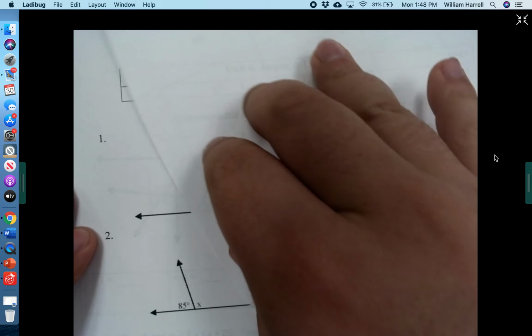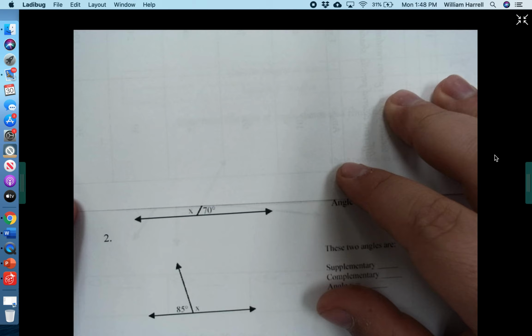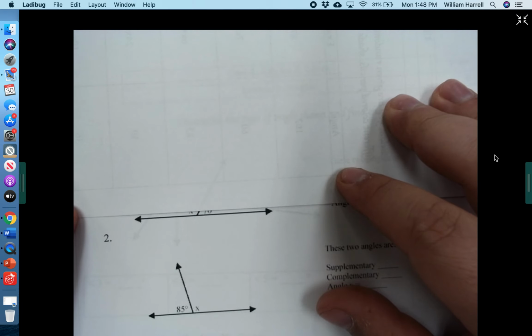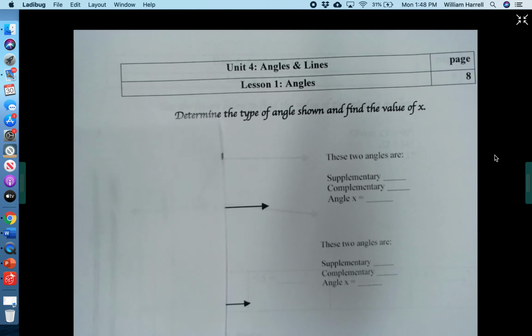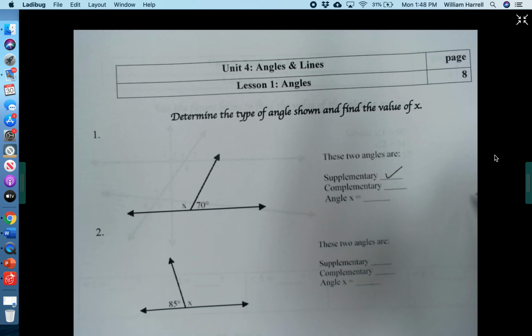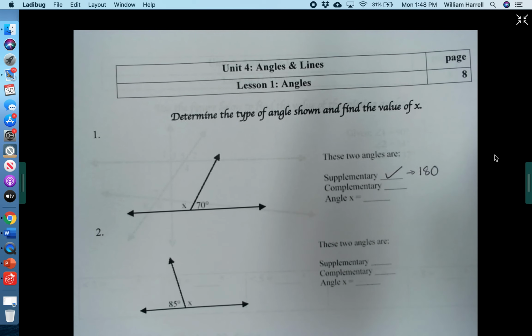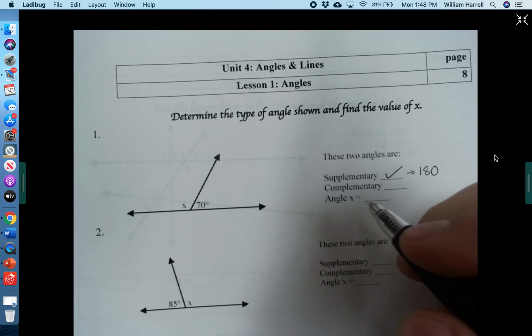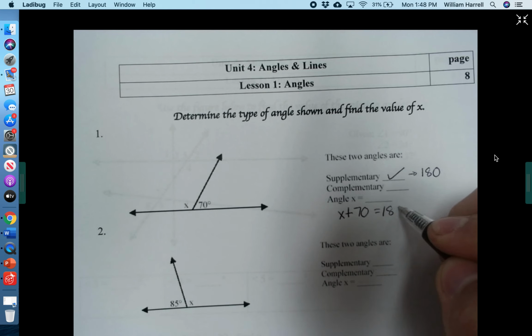If I take away their common vertex or their common ray, all right, I'm left with a line. So then I think back to my notes and I say, okay, these are supplementary. As soon as I think supplementary in my mind, I think 180 degrees. Well, so x plus 70 must equal 180.